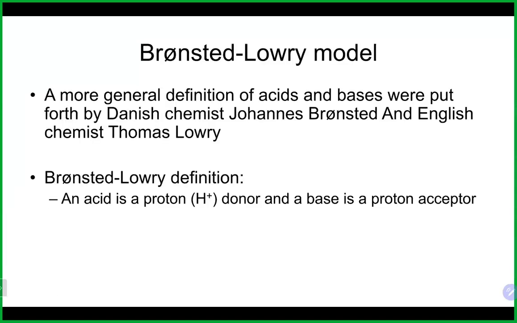The Bronsted-Lowry definition is that an acid is a proton donor. So an acid is something that will give away an H plus, while a base is something that will accept an H plus.